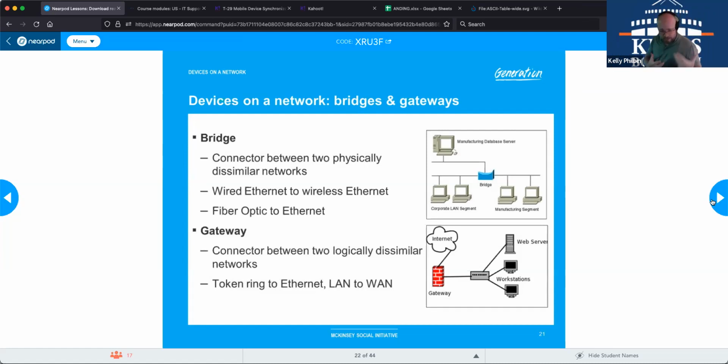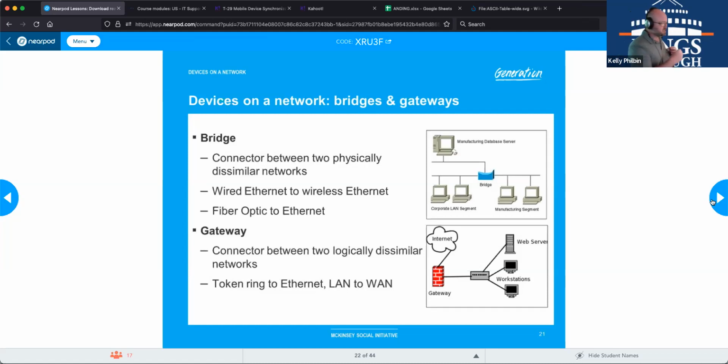All right, a gateway. Now, bridges connect physically different networks together. A gateway will connect logically dissimilar networks together. So token ring over to Ethernet, or a LAN to a WAN.